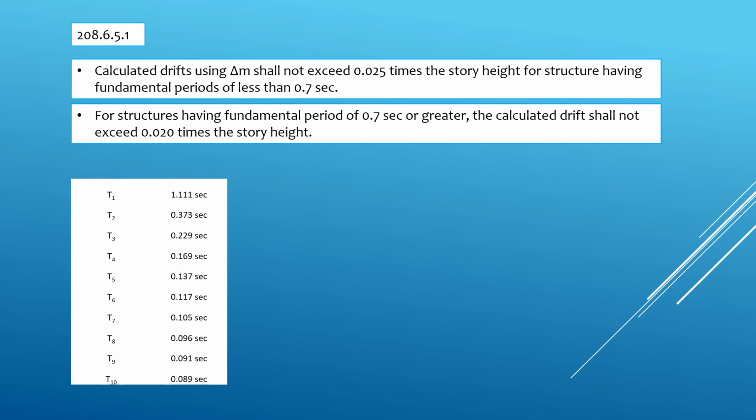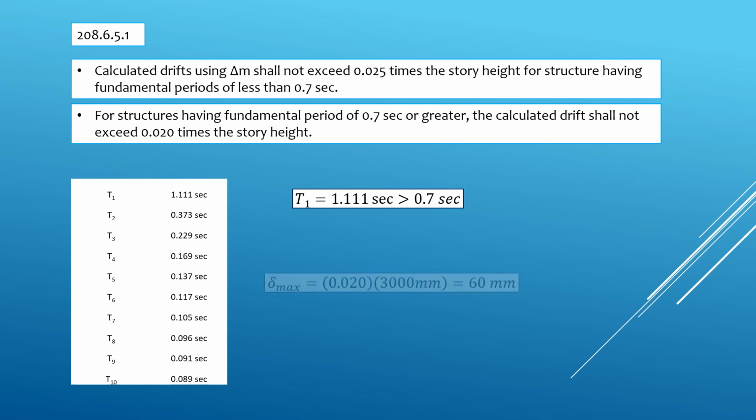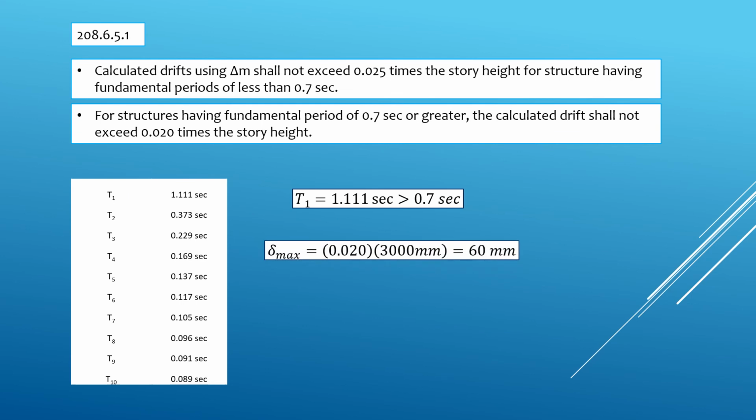So, this is the fundamental period. For T1 is equals to 1.111 seconds is greater than 0.7 seconds. So, ang gagamitin para makuha yung maximum drift is 0.020 times 300 mm since 3 meters naman siya kanina.